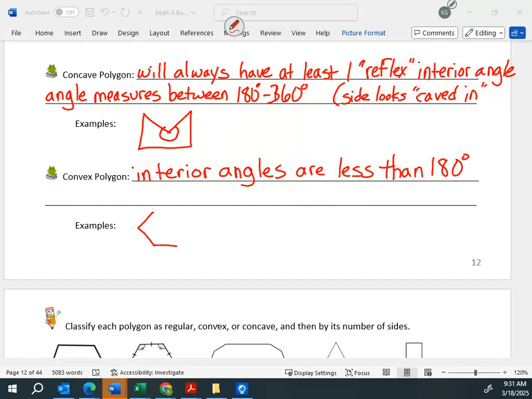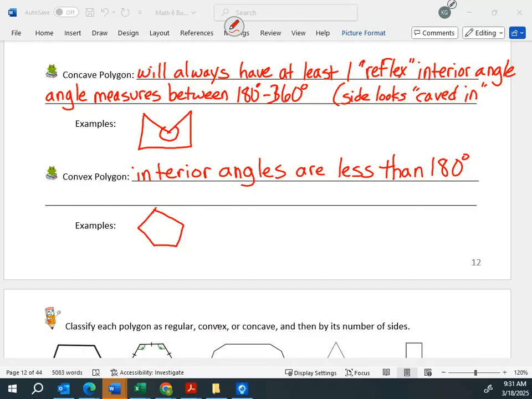So, no cave-ins. So that's the difference between concave and convex. Concave, we've got a cave-in happening. Convex, no cave-ins. That makes sense?